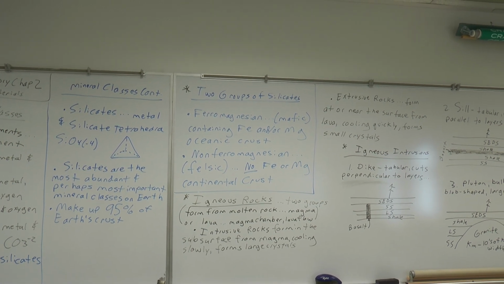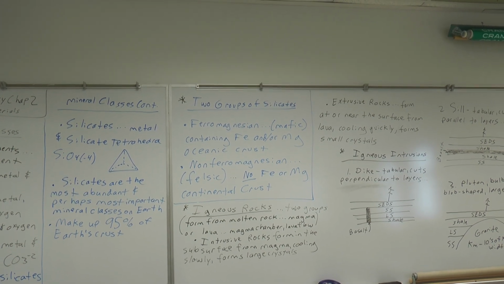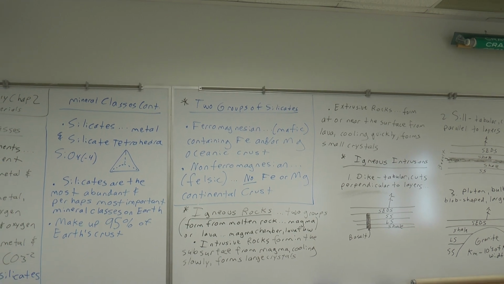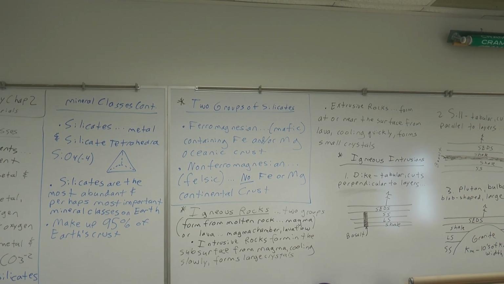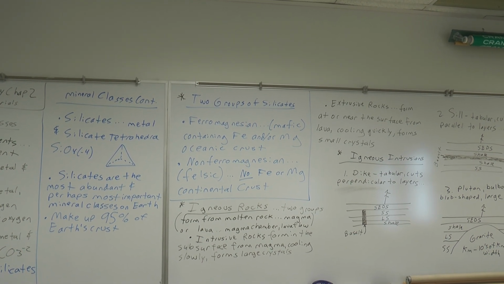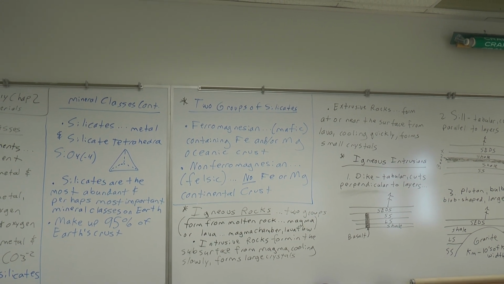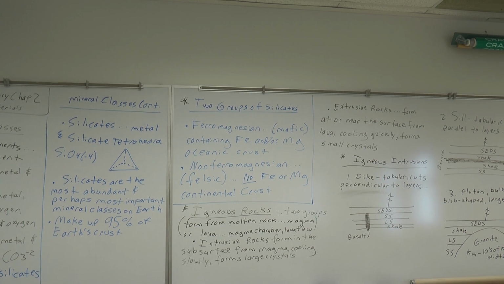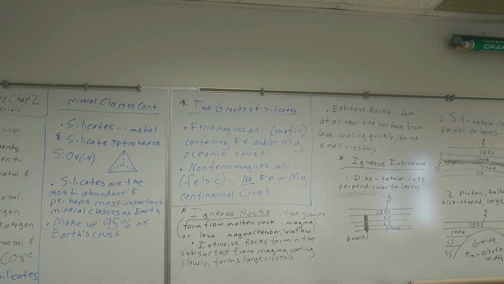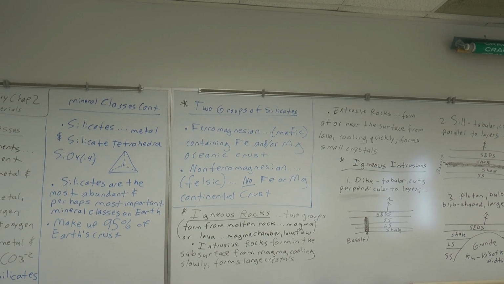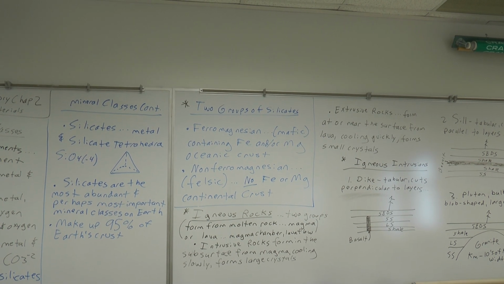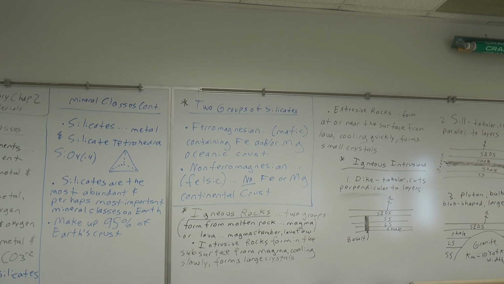Okay, so then the other group, non-ferromagnesian minerals, we're going to refer to these as felsic. So this is our other group of silicate minerals. They're not going to have any iron and magnesium. All right. They are going to have metal, with the exception of quartz. Quartz has no metal, but other than that, all the silicates that are non-ferromagnesian, while they're going to have metal, it will not be iron and magnesium.